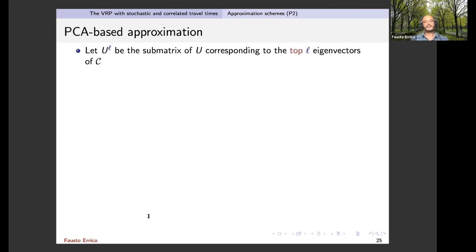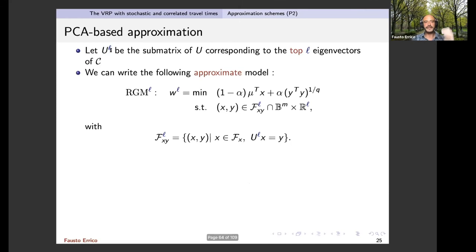What is the main interesting part? Well, if you take UL, the submatrix of U corresponding to the top L eigenvectors of C, you can write an approximation of the original problem.